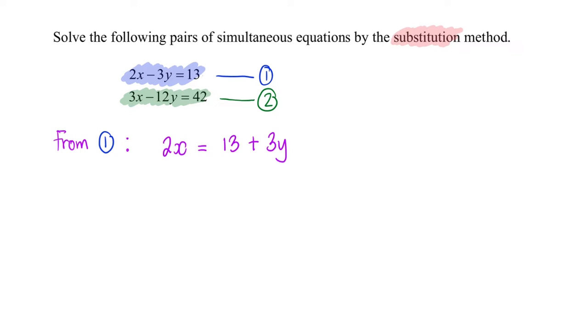But remember, I'm not done yet. We need to make sure that the variable is the subject, meaning there's only one x and not 2x. So in this case, I still need to do a second step. My x will be equal to 13 plus 3y, the whole thing divided by 2.